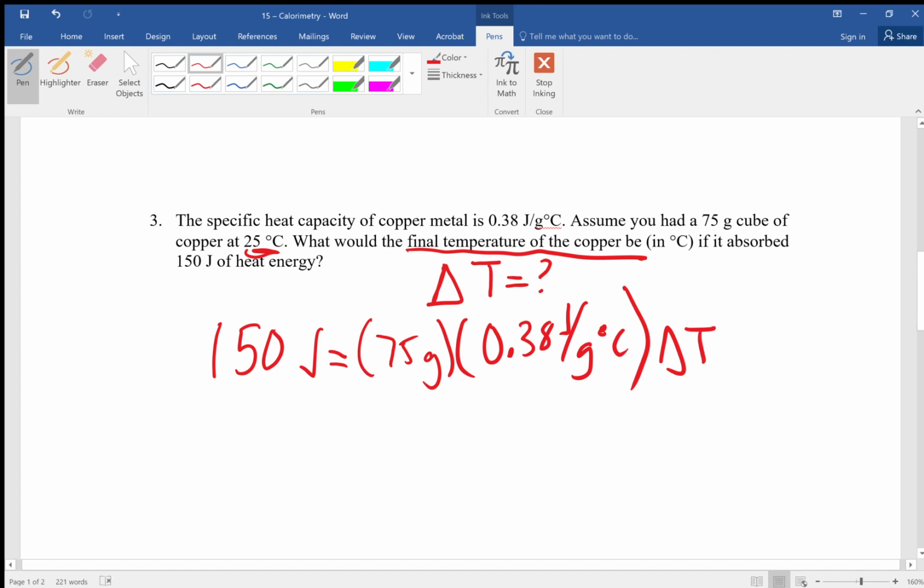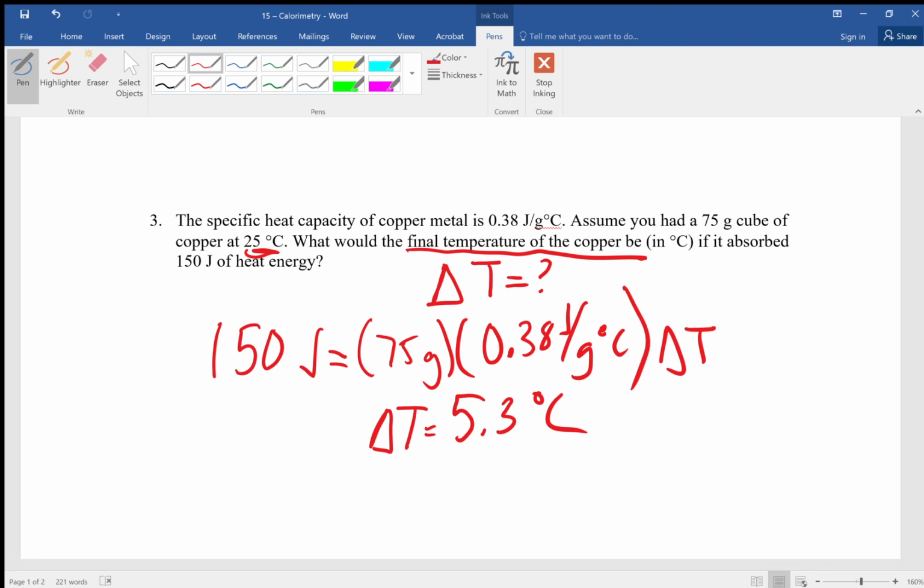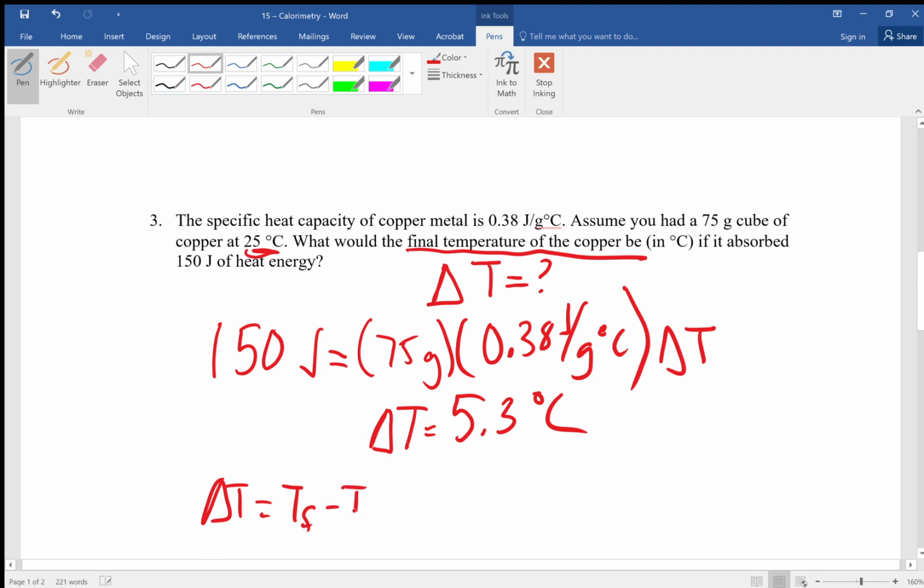If we solve this for delta T, we find that the change in temperature is 5.3 degrees Celsius. But we're not quite done at this point, because we're not looking for delta T, we're looking for the final temperature. And so delta T is equal to T final minus T initial.